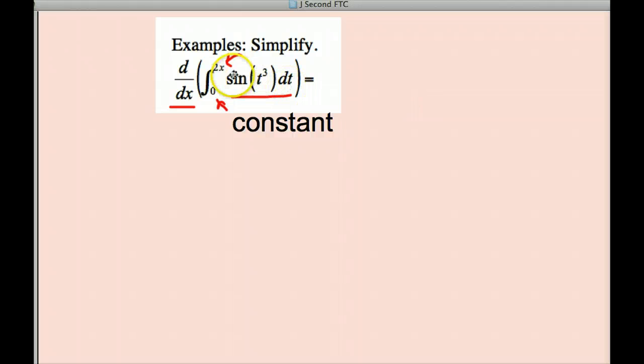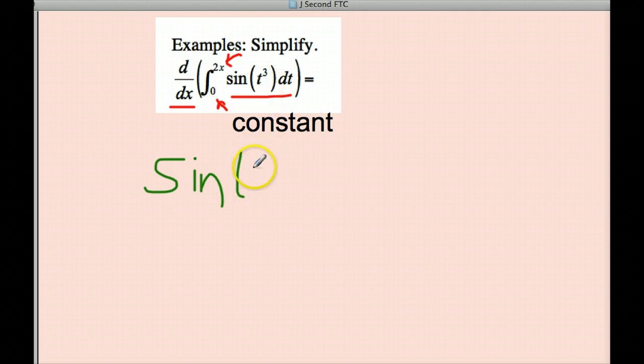Not necessarily. I need x to be by itself, but in this case, this has a coefficient of 2. So what we're going to do is, first we're going to follow the rule. I'm going to stick this upper limit anytime I see t. So I'm allowed to say sine, and I get a parentheses.